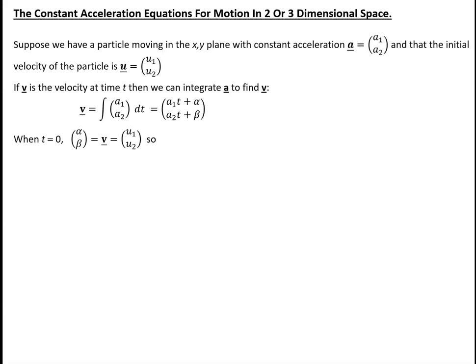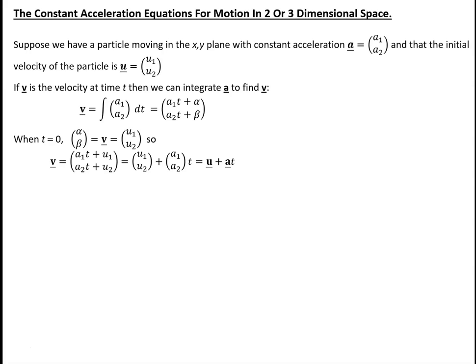Now the values of alpha and beta can be found from the initial conditions, and we know that when t equals 0, the formula for v tells us that v must equal (alpha, beta), but when t equals 0 we've been told that v is the initial velocity, and the initial velocity is the vector (u1, u2). So in other words, alpha must be equal to u1, beta must be equal to u2, so v must be (a1t plus u1) as the x component, and (a2t plus u2) as the y component.